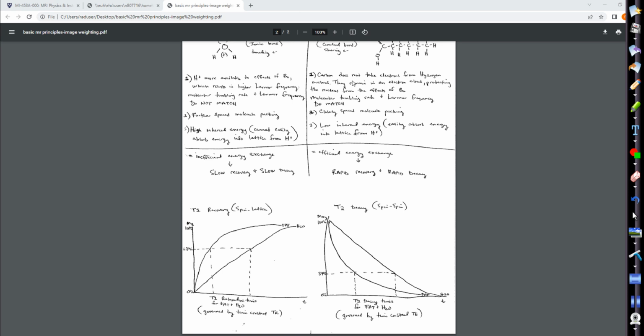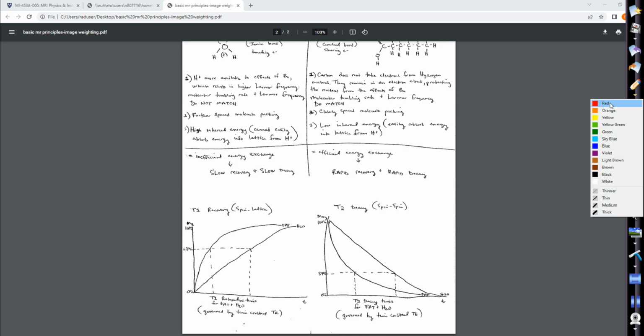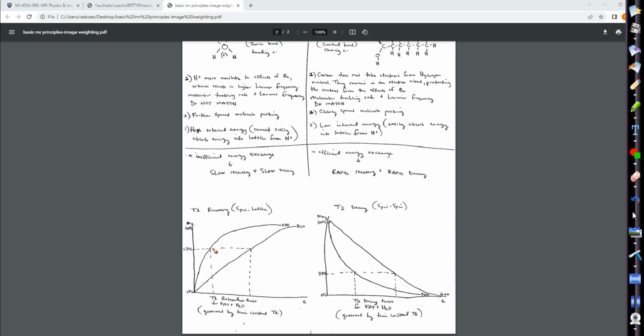Compared to fat, it recovers very quickly. So if we had that 63%, which we remember is considered when tissues were fully recovered, we draw that line over to both curves, and we get the T1 relaxation times for fat and water. And which one has a quicker time? It's fat, because you can see at 63, it took less time than water.